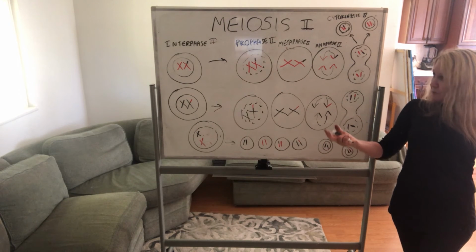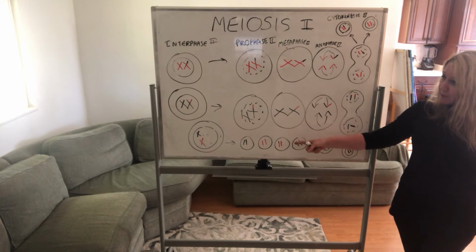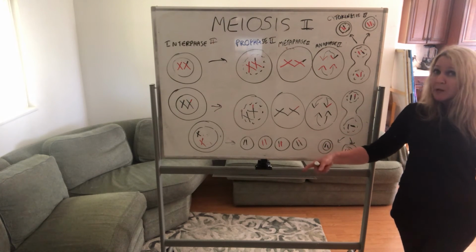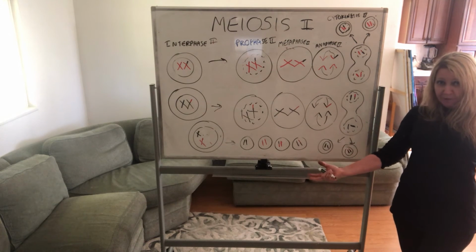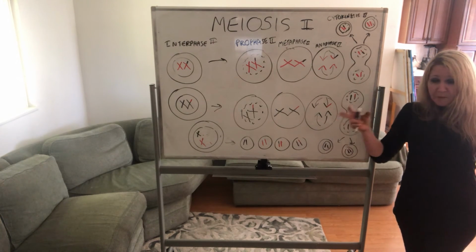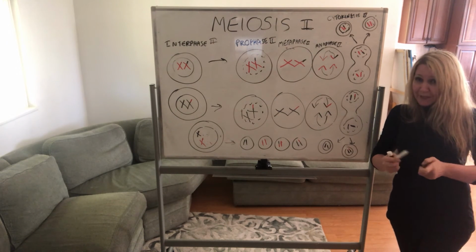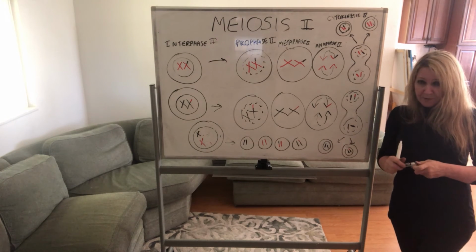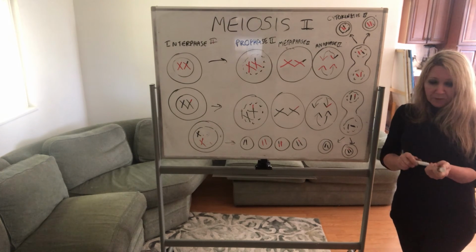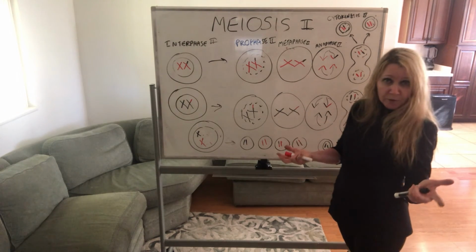So there's shuffling happening if there's crossing over, but there's also shuffling happening when the eggs and sperm are actually made. And then during fertilization, there's even more shuffling. So the fact that there's all this shuffling happening ensures that there's a lot of genetic variation. In other words, there's a lot of differences in the genes. So this is what makes populations genetically diverse.